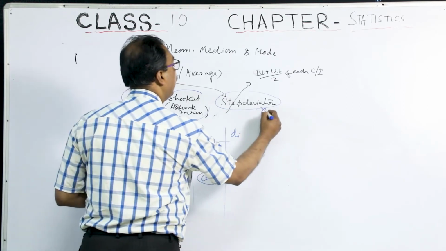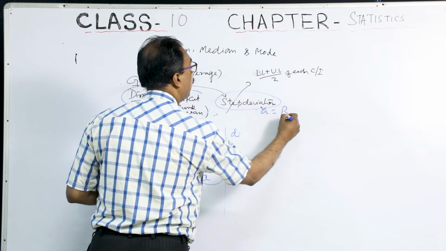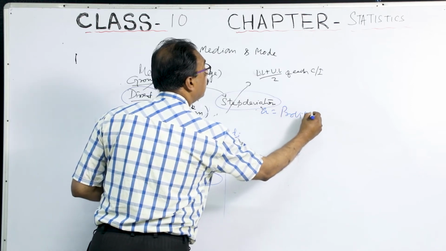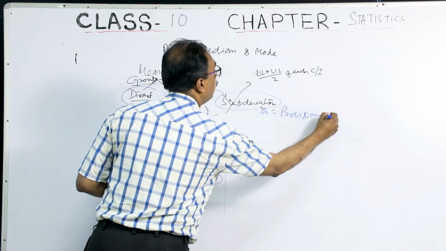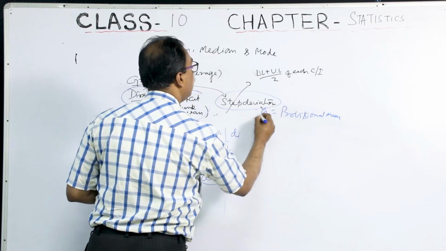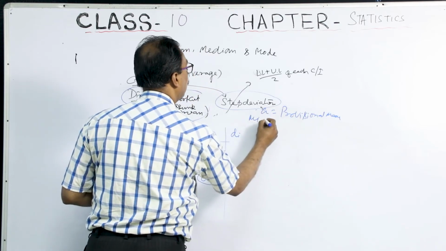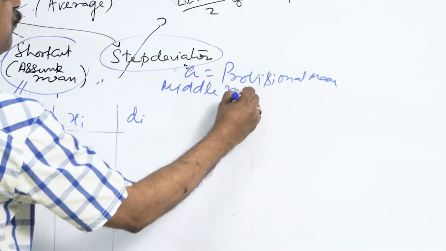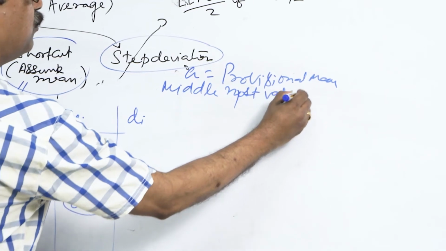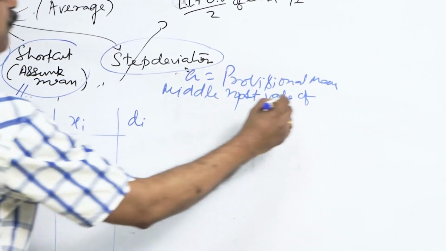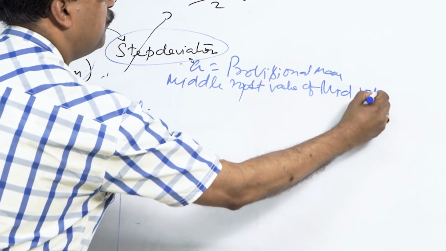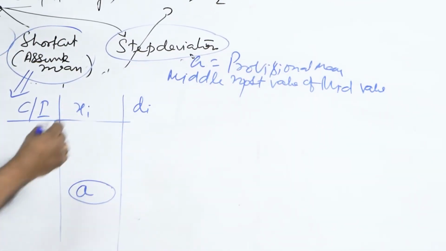A means what here? A is provisional mean. What is provisional mean? Provisional mean is nothing but a middlemost value, a mid value. Understood? Middlemost.